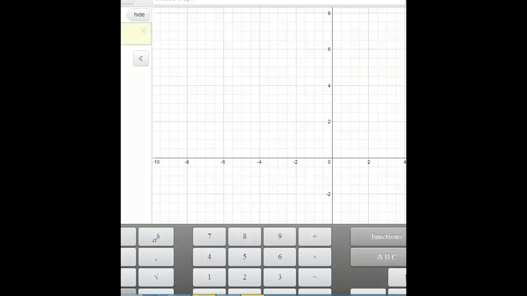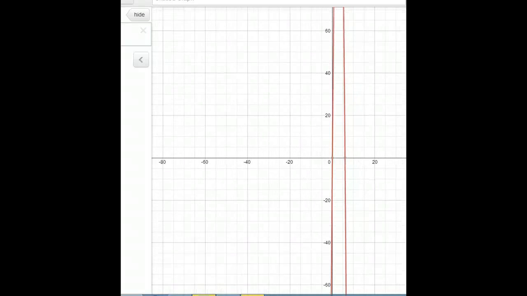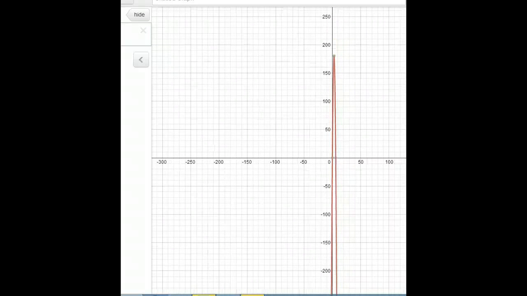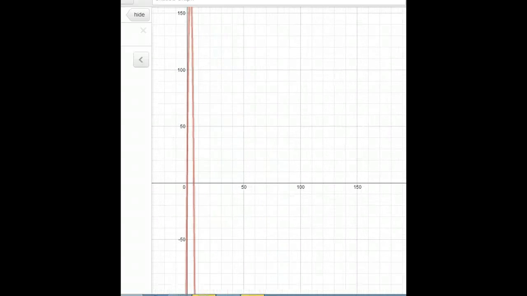Negative 20. Now, the program doesn't have a t, so I'll put x in. Squared plus 120x. And we need to zoom out on this one. Alright, so we shift it over here so you can see it.